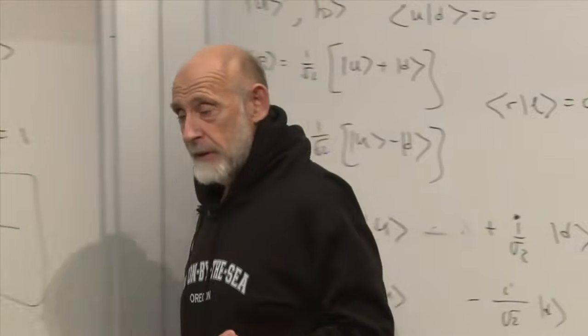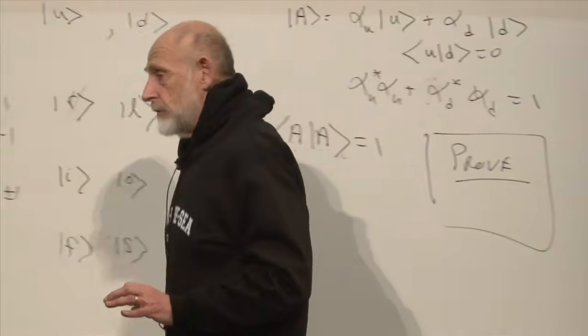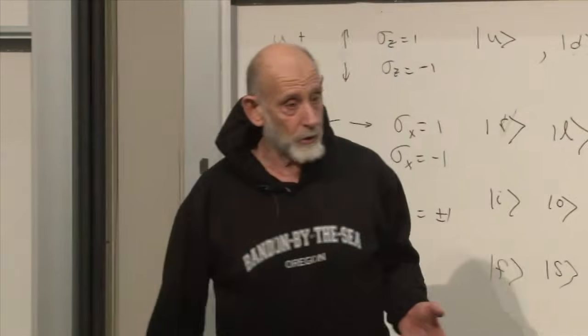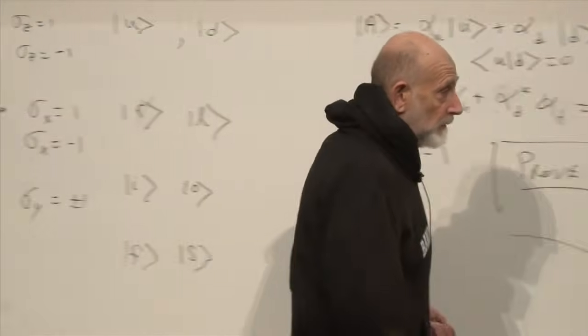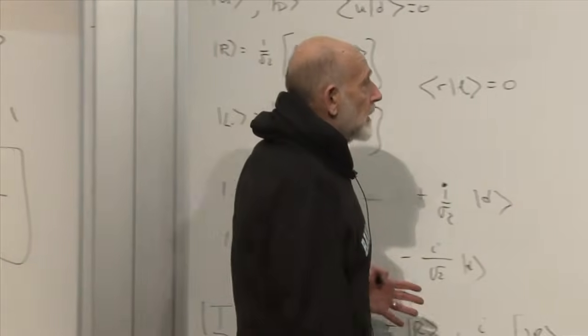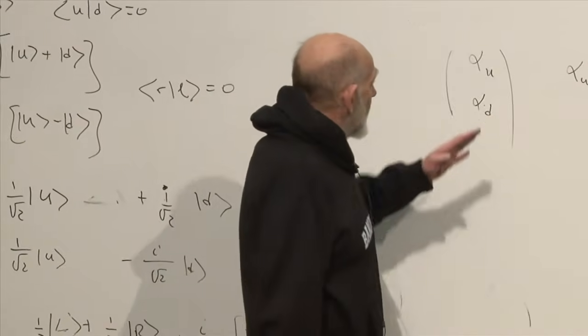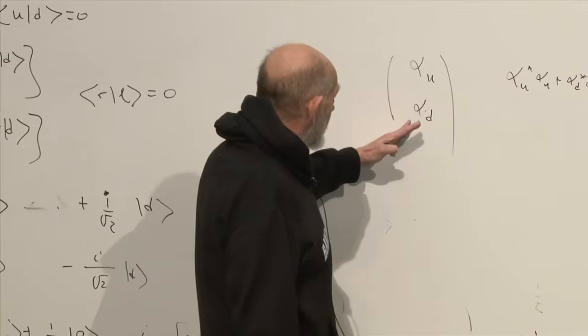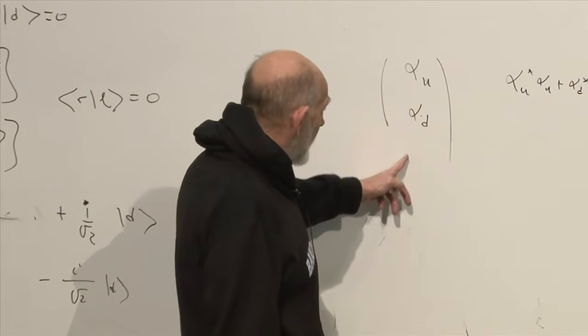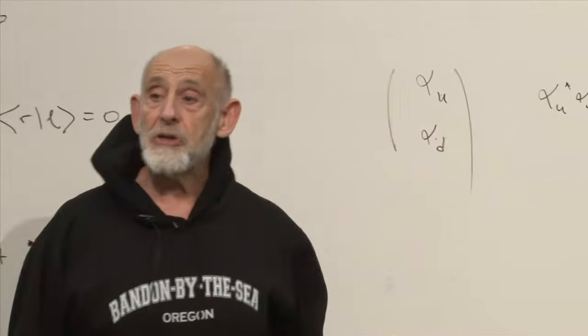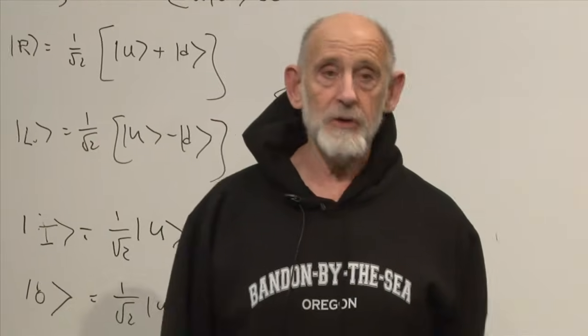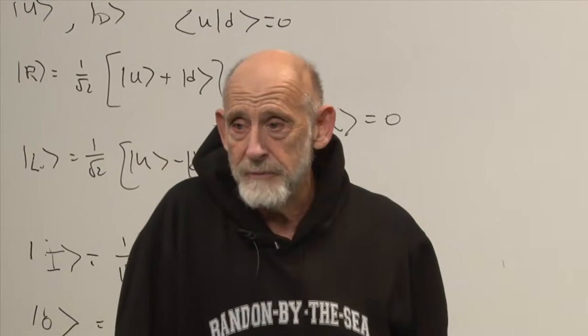We will find that. We won't put it in. It will emerge as one of the consequences of the postulates. But what it says is that if you multiply both of the alphas here by the same phase factor. Does everybody know what a phase factor is?